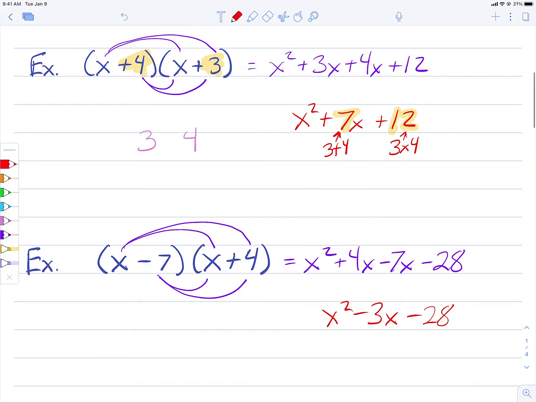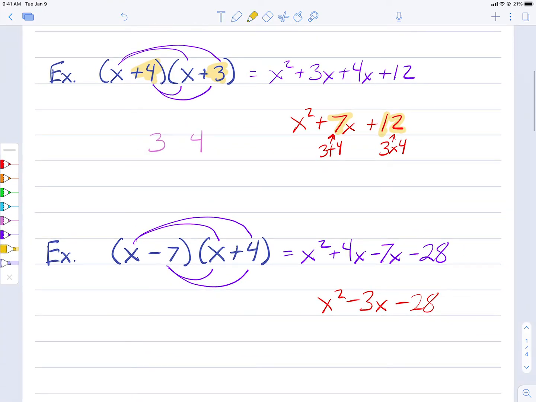Let's see if that pattern holds for the other one we just did. So our key numbers here were negative 7 and 4. If we add them, do we get negative 3? Is negative 7 plus 4 negative 3? Yes. If we multiply them, do we get negative 28? Is negative 7 times 4 negative 28? Yes, it is. This is the pattern we're going to be looking for in these problems.